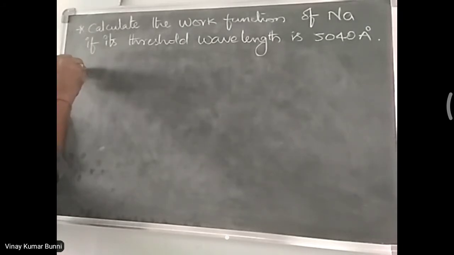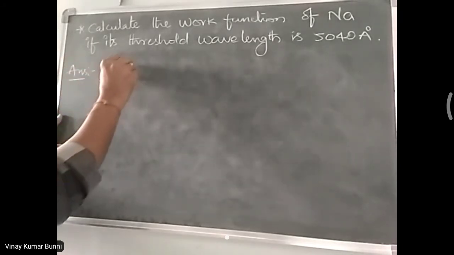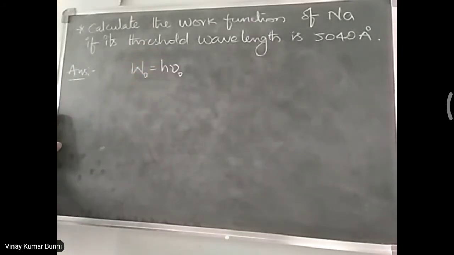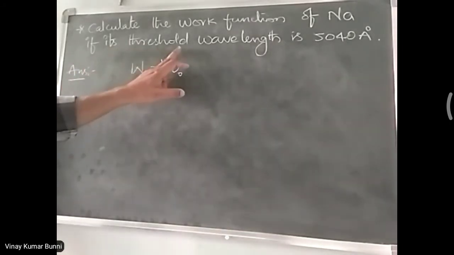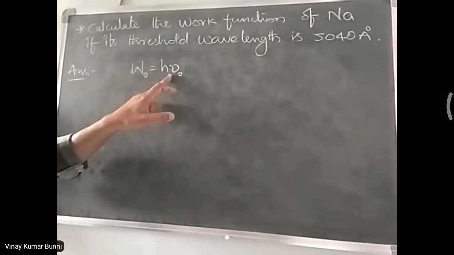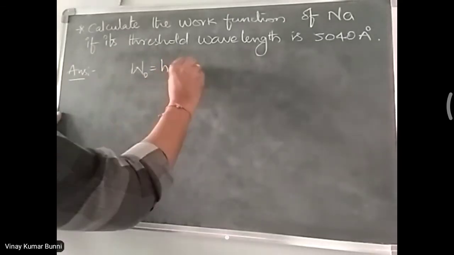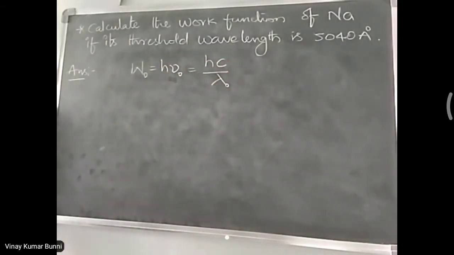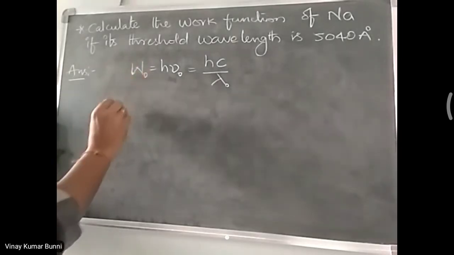Now, what is work function? W naught equal to h nu naught. But he has given the threshold wavelength, so convert this frequency term into a wavelength term, W naught equal to h c by lambda naught. So you need to calculate the work function.